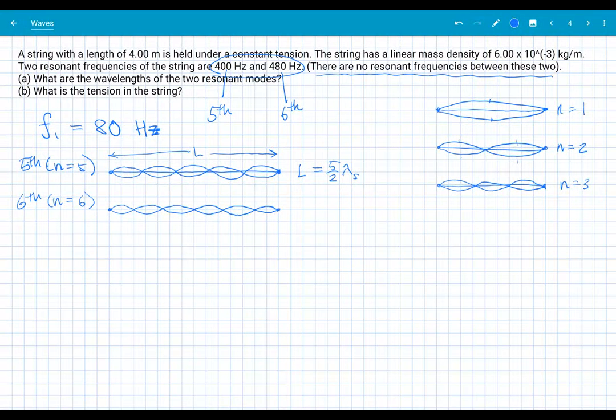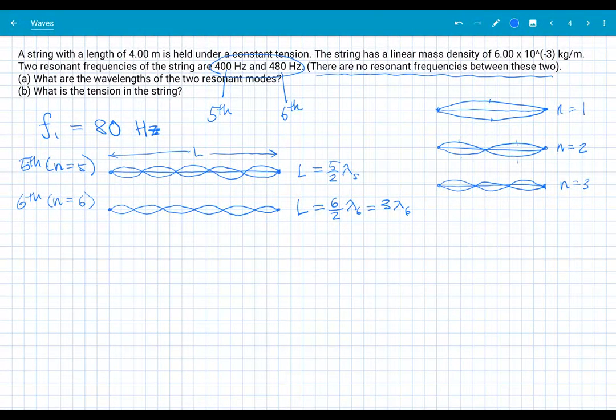And for the n equals 6, L equals, now here I've got 6 loops, right? So I could say 6 over 2, lambda 6, which is just equal to 3 lambda 6. So right here, I've got my relationships relating the length of the string and the wavelength.